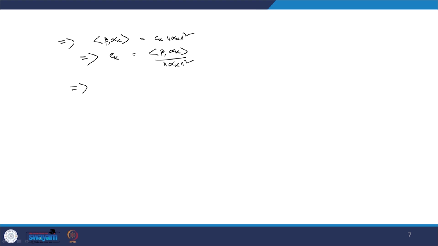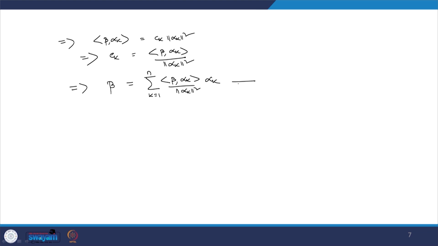So, the vector beta, which is a linear combination of alpha 1 to alpha n, has coefficients that can be written as the inner product of beta and alpha k by the norm of alpha k square, for alpha k, k equal to 1 to n.